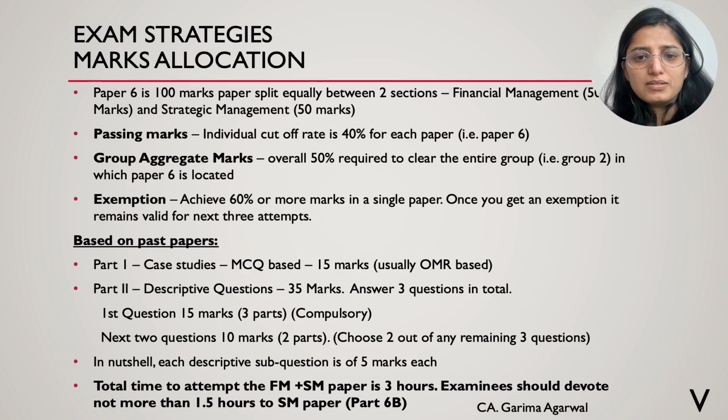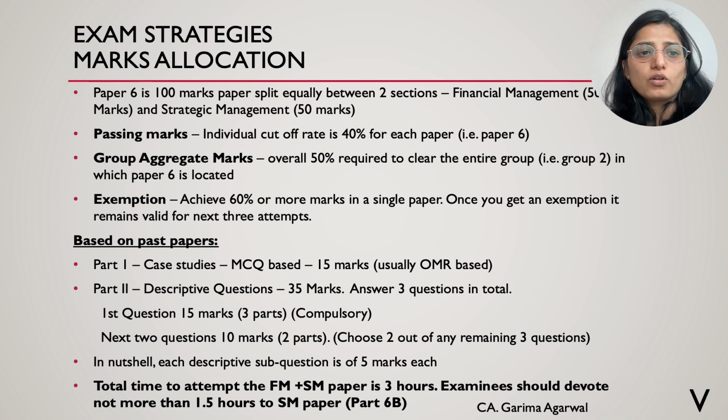Up next, we'll discuss the exam strategies. Usually, the SM paper is quite straightforward and you can really score good passing marks, which helps you upgrade your overall passing score. Strategic management is part of paper 6, which is a 100 marks paper divided equally into two sections. One is financial management, which consists of 50 marks, and the second is strategic management, which also consists of 50 marks.